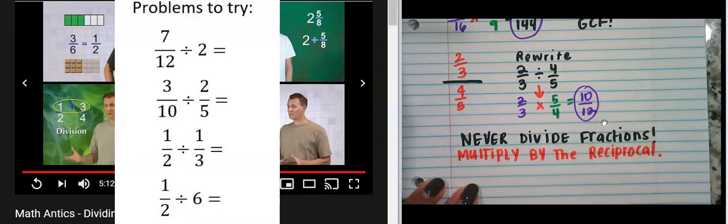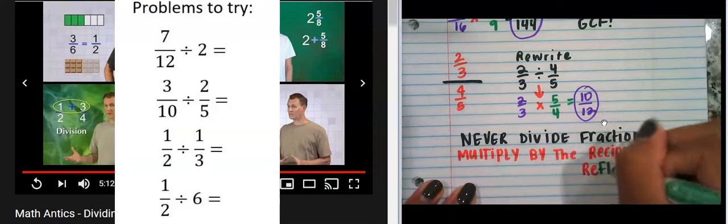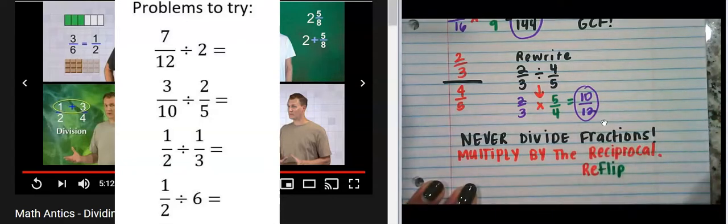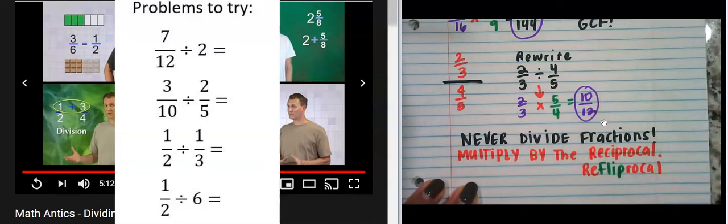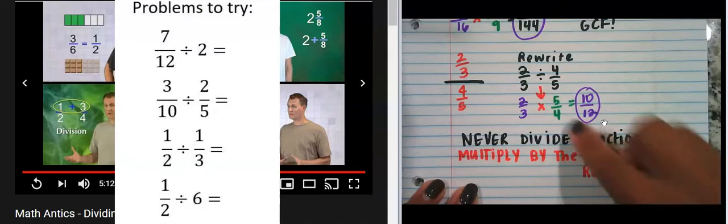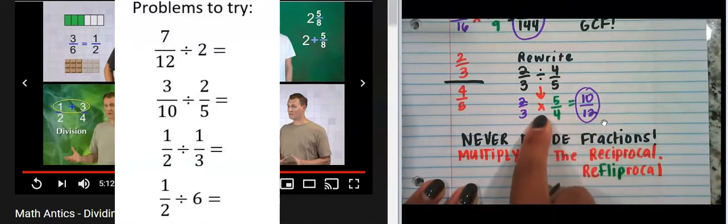Now, a way to remember reciprocal, we could say flip. So we need to flip our fraction to get our reciprocal that we're multiplying by.